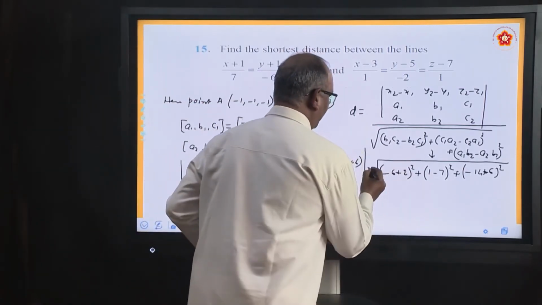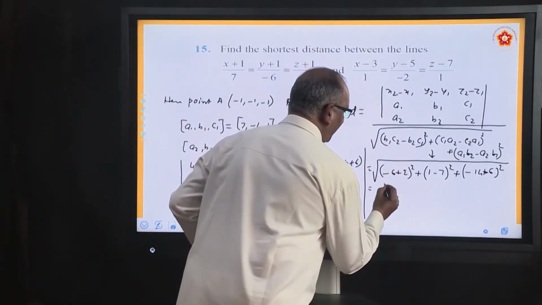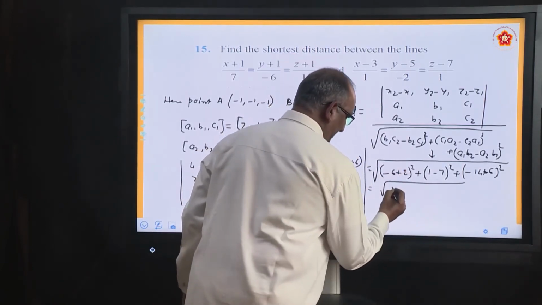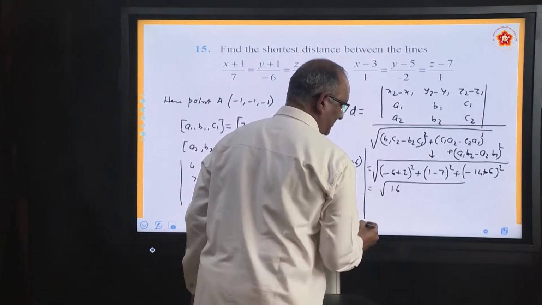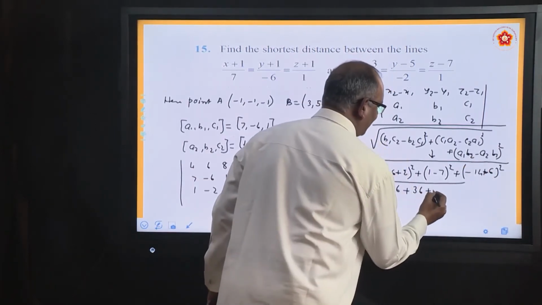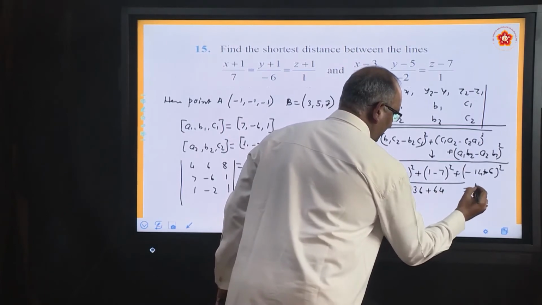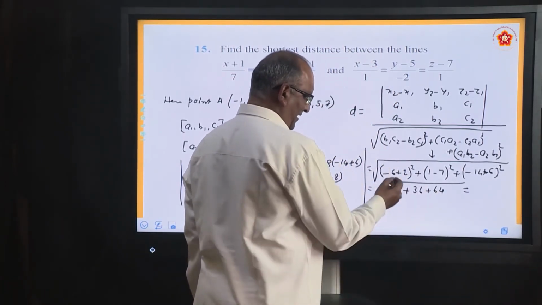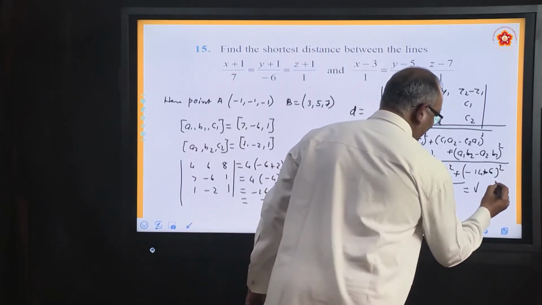Simplify it. Minus 6 plus 2 is minus 4, squared is 16. 1 minus 7 is minus 6, squared is 36. Minus 14 plus 6 is minus 8, squared is 64. What is it that you are getting? 64 plus 36 is 100, 100 plus 16 is 116.